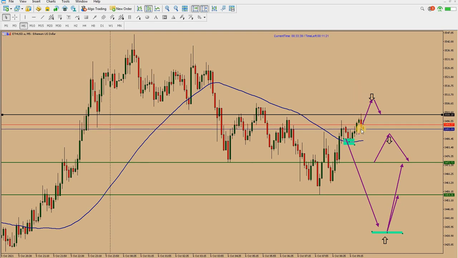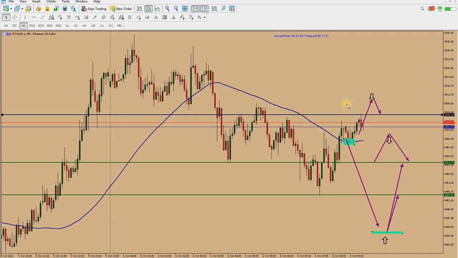So I know that it hit the resistance, and I know that it came down. The reason I did not enter the market is that we are waiting for permission from the indicator to sell. As yet we do not have that permission, so I will wait.